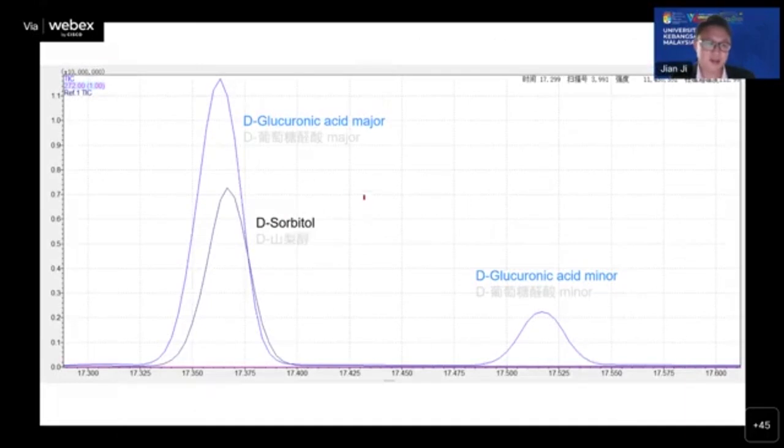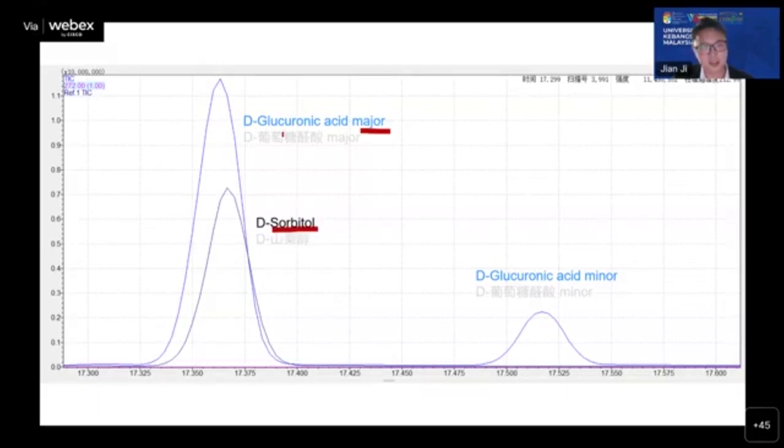Another issue is that many molecules have similar fragments in GCMS. Here, there is D-glucuronic acid. Its major peak has exactly the same retention time as sorbitol.